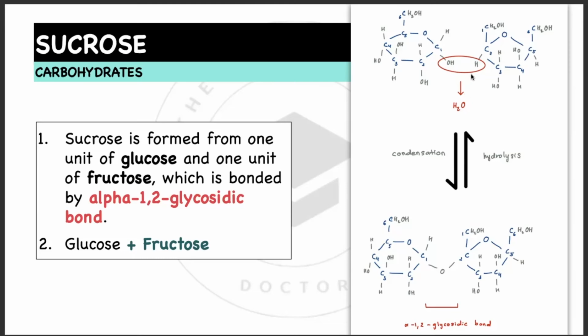So you see here, they will remove water and they are bonded over here. This is the glycosidic bond, and it's alpha because it's an alpha glucose. 1, 2, because carbon 1 of one of the isomers and carbon 2 of another. So it's alpha 1,2 glycosidic bond.